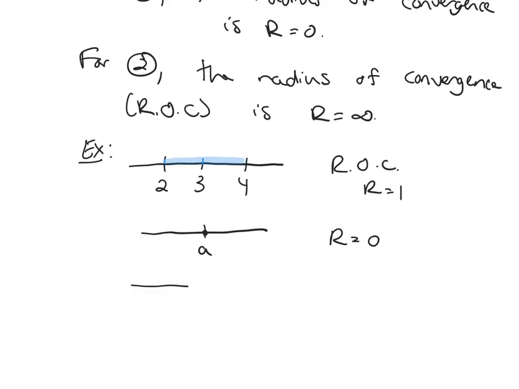And then if you have negative infinity to infinity on your number line, it's the entire thing. So you can think of that as being centered at a. And so this is why we're saying the radius of convergence is infinity.